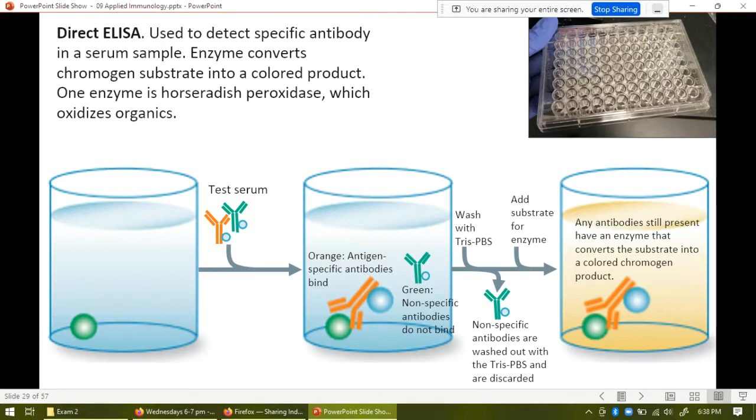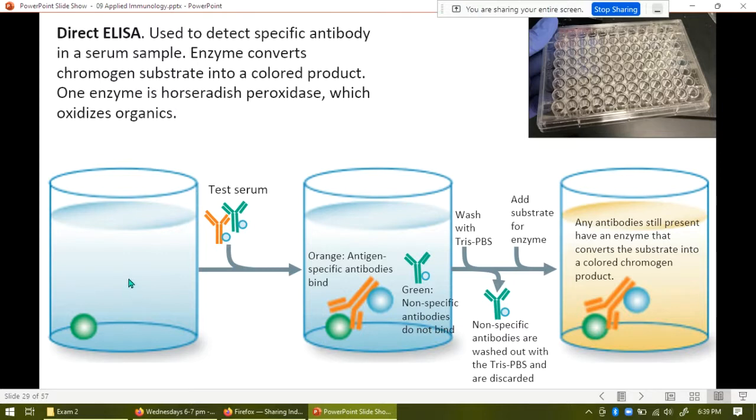So it's an immunoassay that has an enzyme on the end of the antibody molecule. So the direct ELISA is typically used to detect specific antibody in a serum sample. However, it can be used to detect antigen. Okay? It's usually used to detect antibody, but it technically can be used to detect antigen.